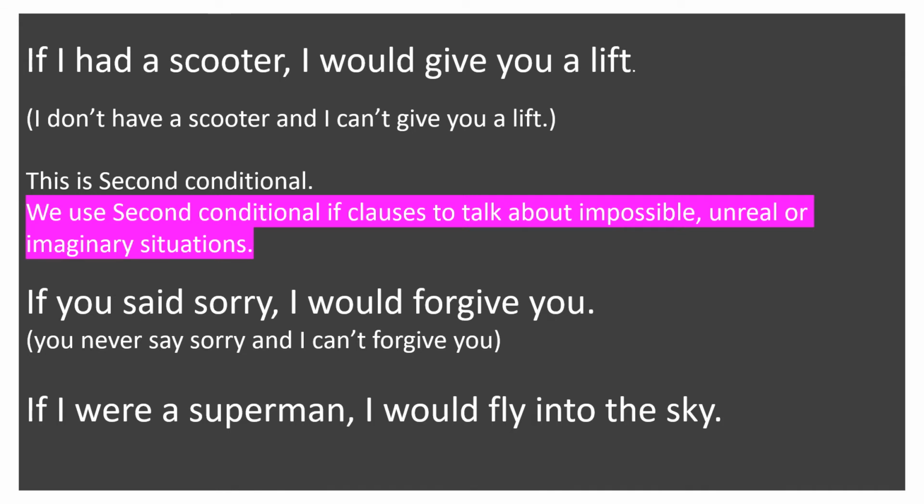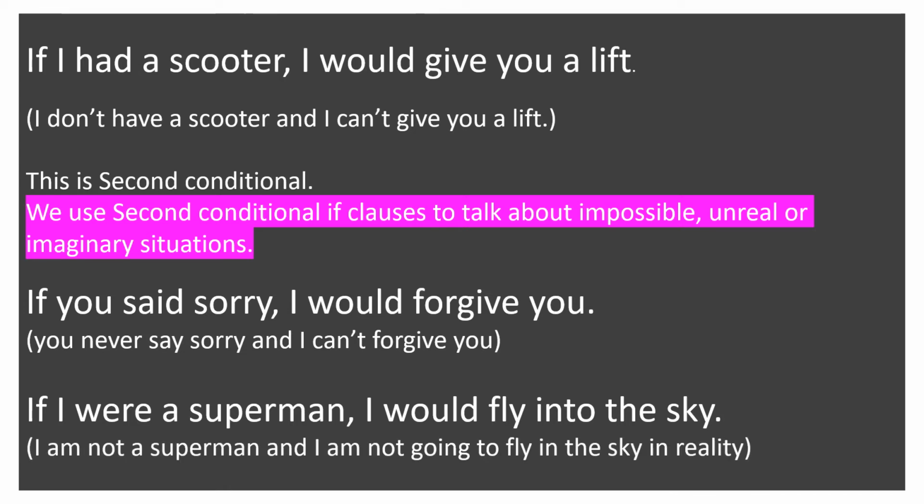That is the fact. But he is expressing his wish. If I were a superman, I would fly into the sky. So, such imaginary situations or impossible situations are expressed using second conditional if clauses.